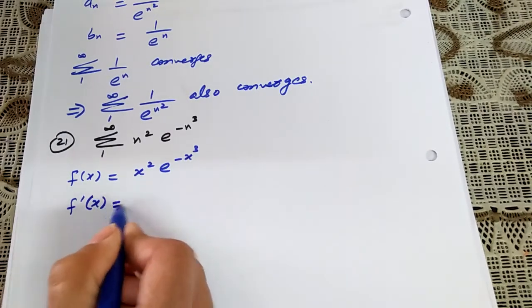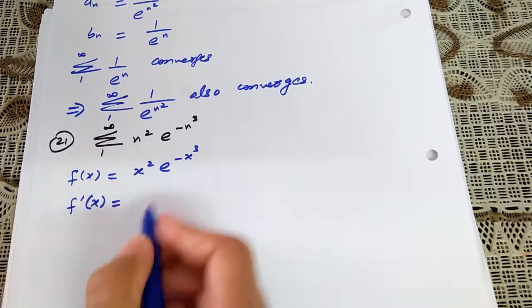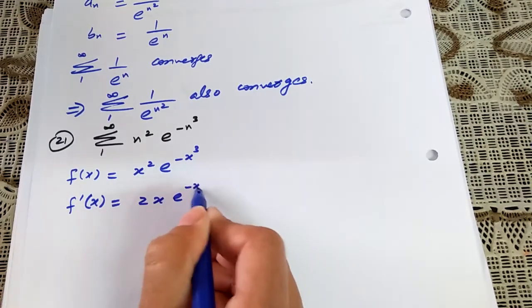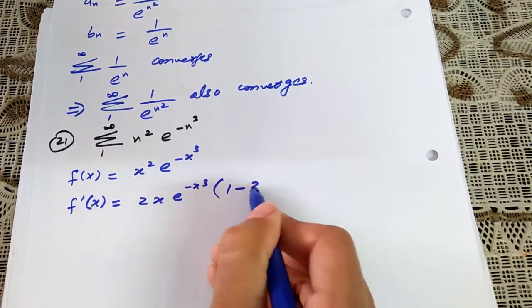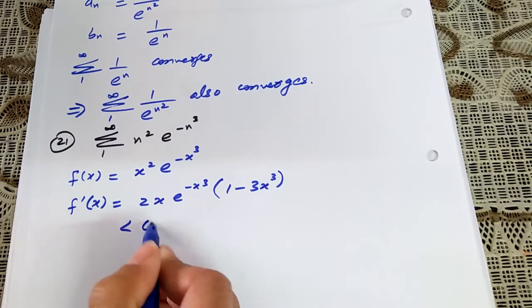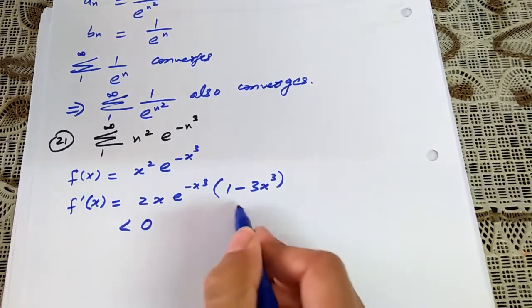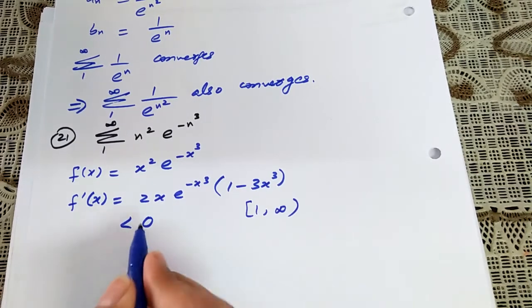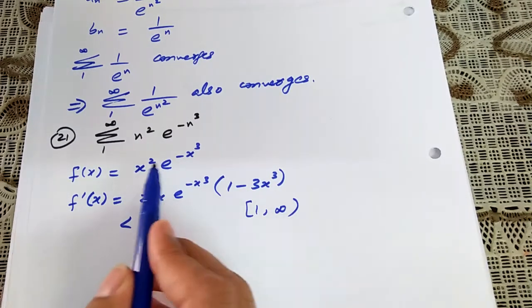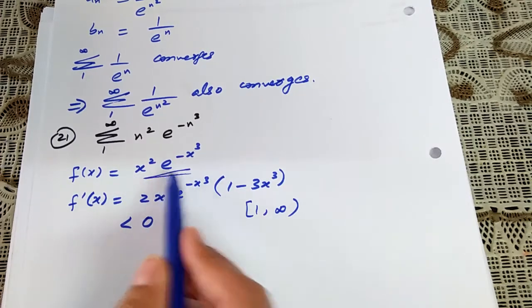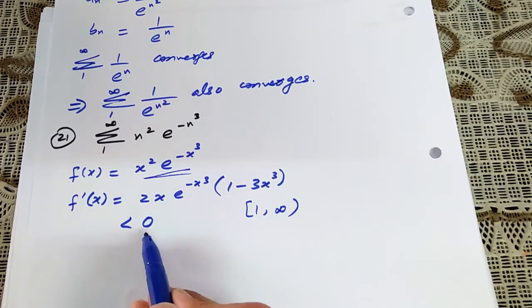Finding the derivative of this function, you will get 2x e raised to power minus x cube into 1 minus 3x cube, and that is less than 0 for the interval 1 to infinity. This means that this is a decreasing function. Also, it is continuous and positive in this interval, and it is decreasing as well.